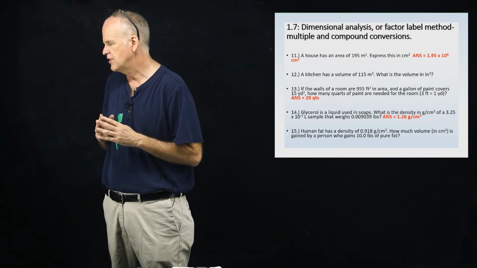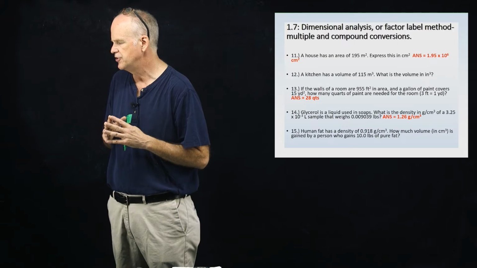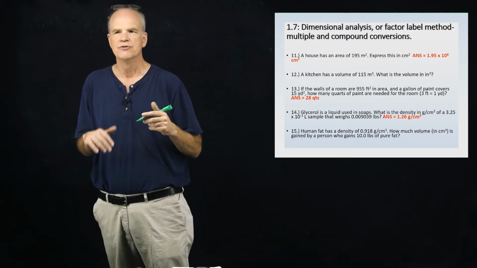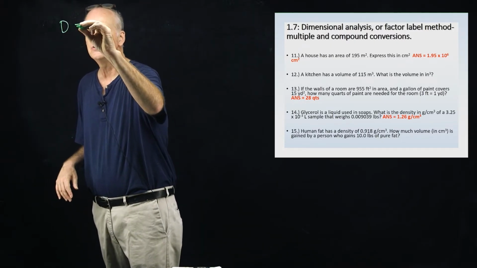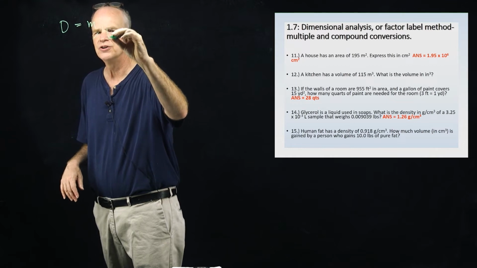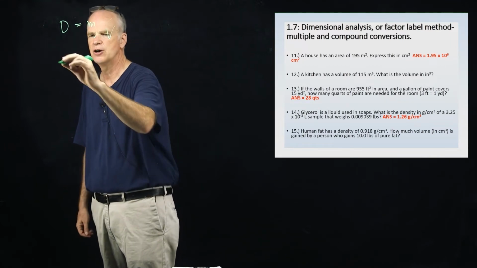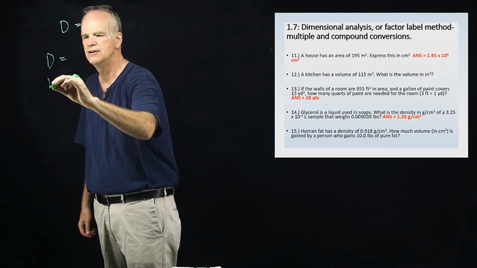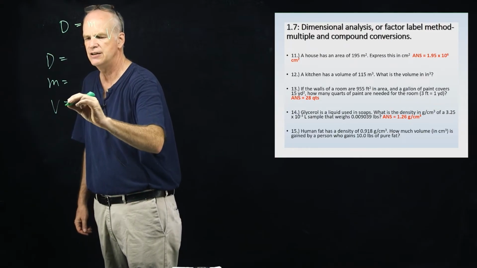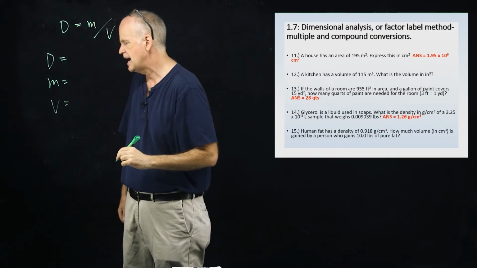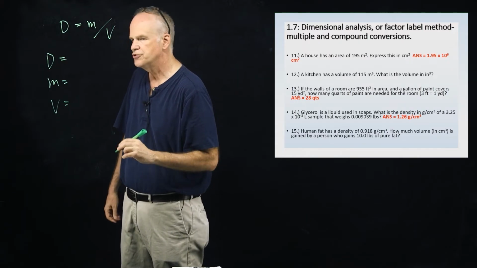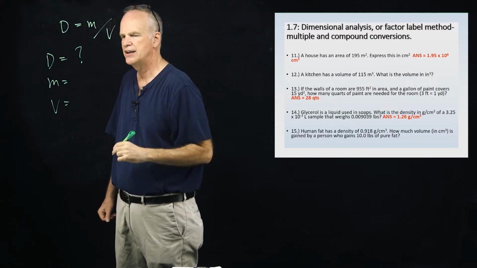So I suggest if you have a density problem, maybe the first thing you want to do is write out the formula. D is equal to mass over volume, and then try to assign variables. And so we have D here, M, and V. And let's see what variables we have. And so we're trying to find density, so that is unknown.